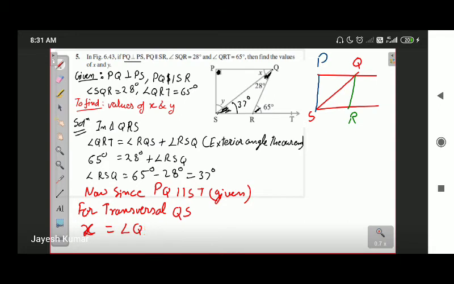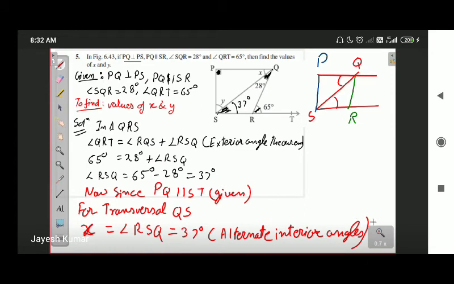I'm writing it as RSQ, so I will write RSQ is equal to 37 degree. This angle and this angle are alternate interior angles, so both are equal. These are a pair of alternate interior angles, so both are equal. So we have successfully determined the value of X.